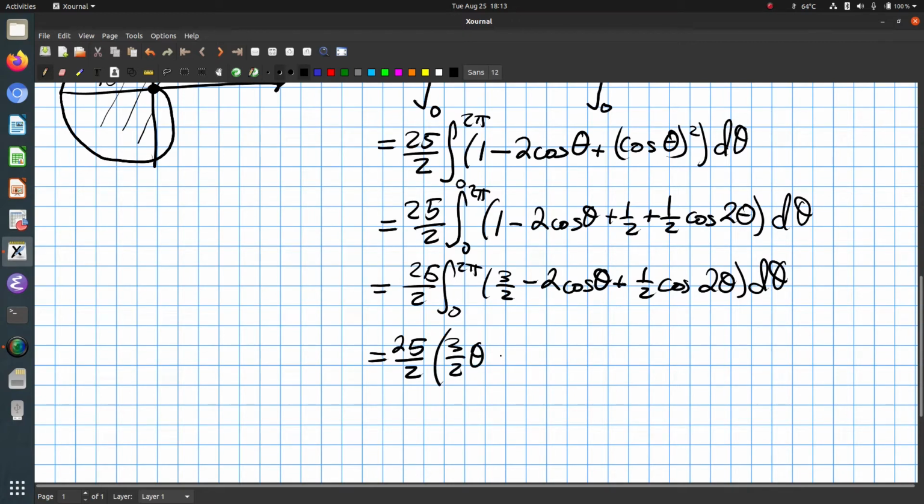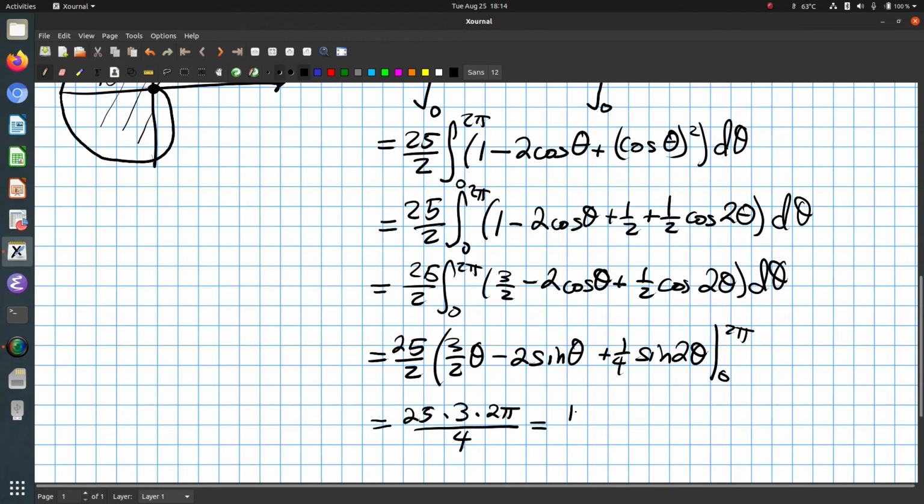We have 3/2 theta minus 2 sine theta plus 1/4 sine 2 theta between 0 and 2 pi. Now at 0 and 2 pi, the sines are both 0, and so we are left with 25 times 3 times 2 pi over 4.